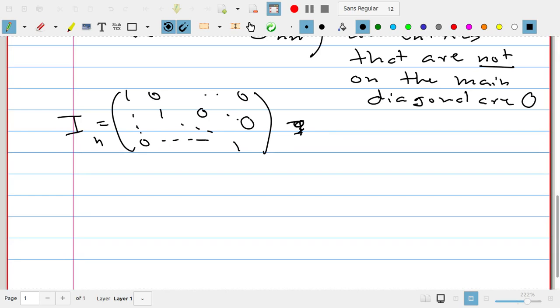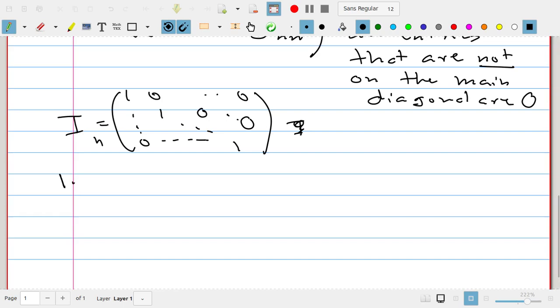Okay, so for this lecture, we will be needing certain properties of triangular matrices, and you will be proving these properties in your assignments.